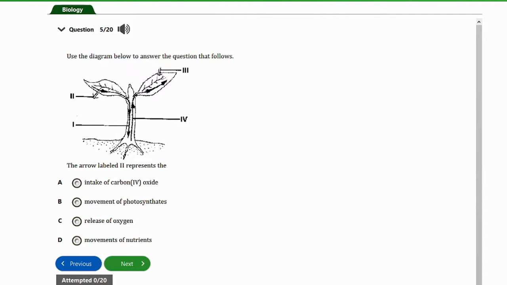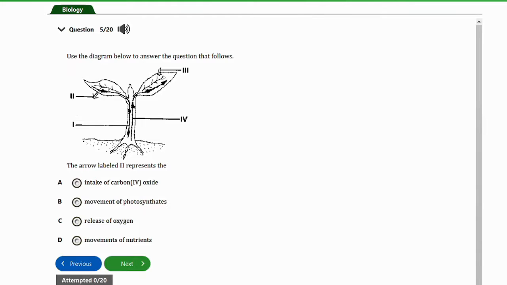So guys, remember that carbon dioxide is actually needed for plant photosynthesis, and this carbon dioxide is taken up from the leaves. So guys, we take the answer option A to be the answer to this question.